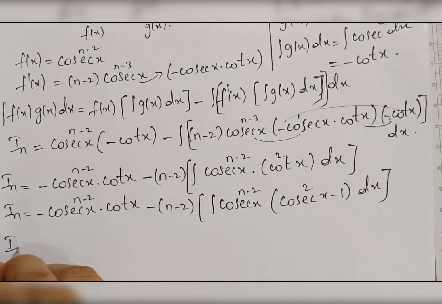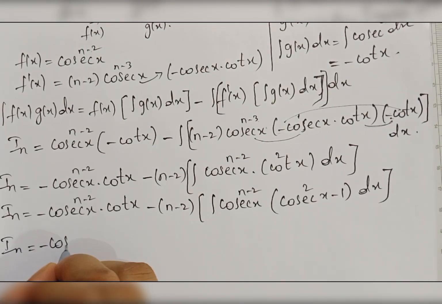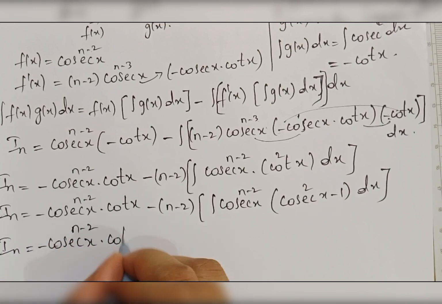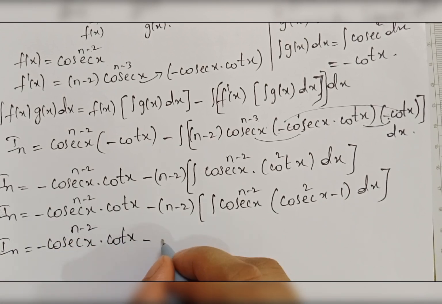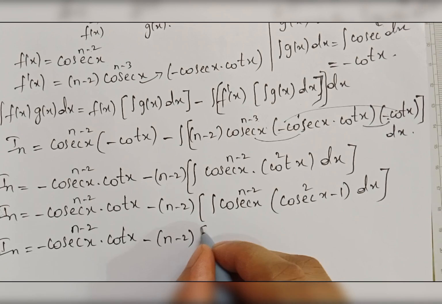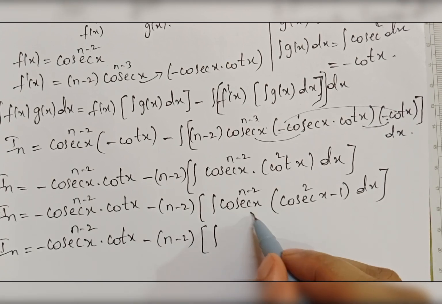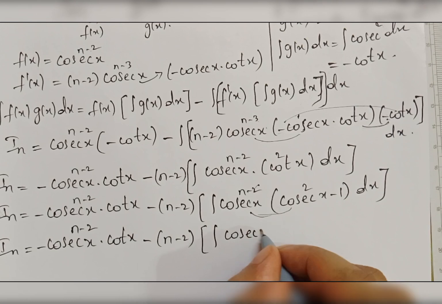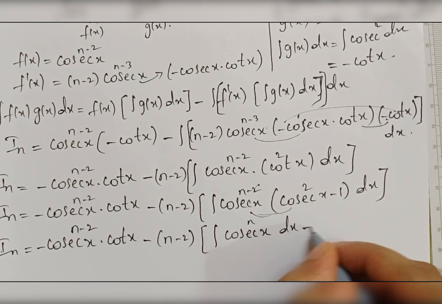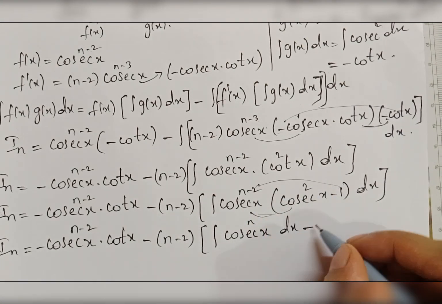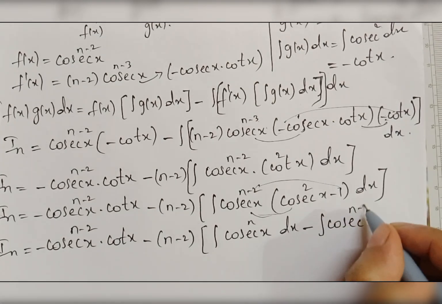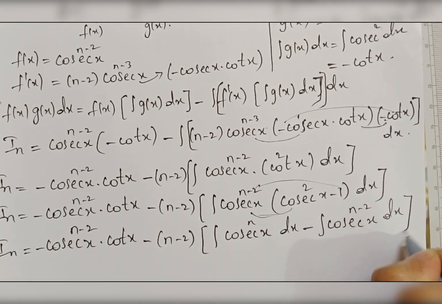Now I_n is equal to minus cosecant x power n minus 2 into cot x minus n minus 2 integral. Now multiplying it inside, so the power plus 2 and minus 2 get cancelled, so it is cosecant x power n dx minus, again with 1, so we'll get integral cosecant x power n minus 2 dx.